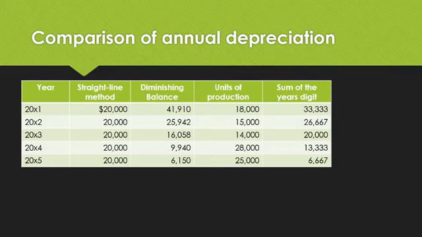You notice that they have differences. If you want a fixed rate, of course you will wish to have the straight line method. If you want to charge a higher rate at the beginning, from the initial years of the property, plant, and equipment, you use either diminishing balance or sum of the year's digit. If you want to base your depreciation on the units that you produce, then you use the units of production method.